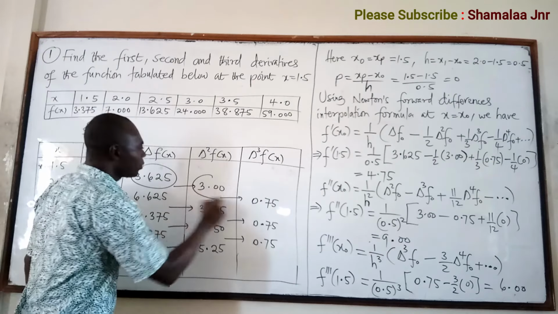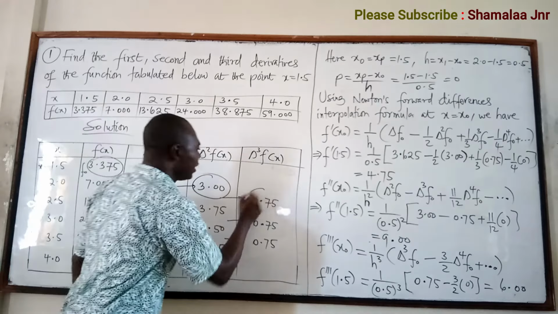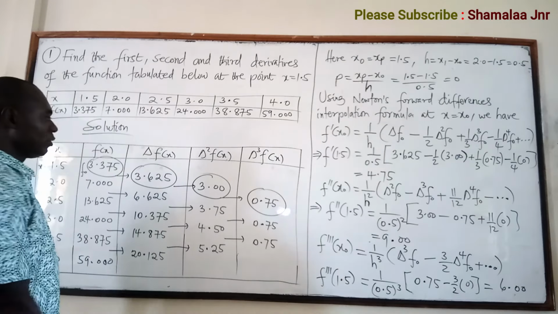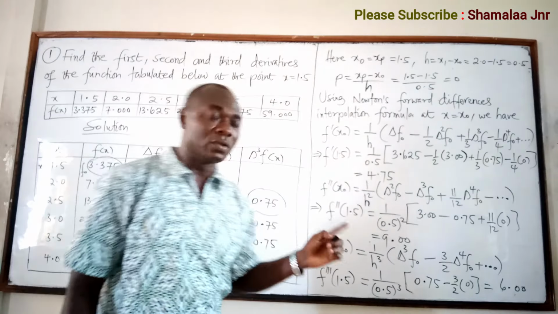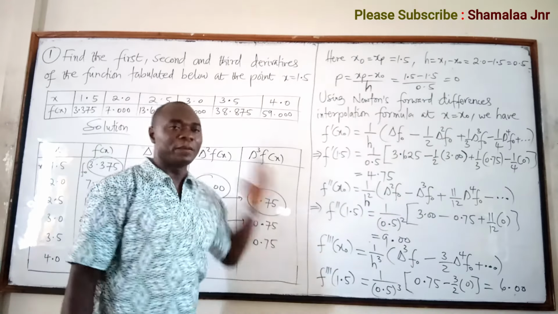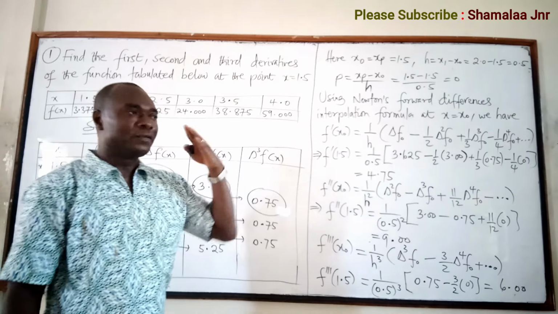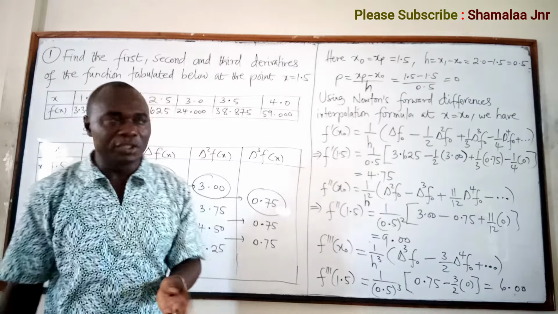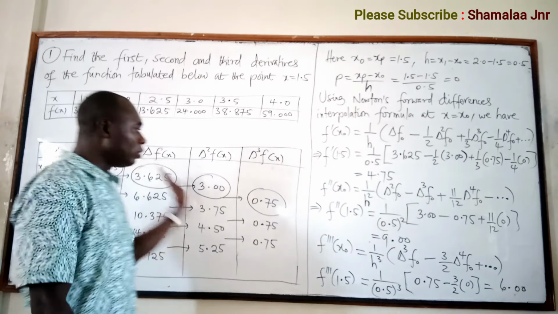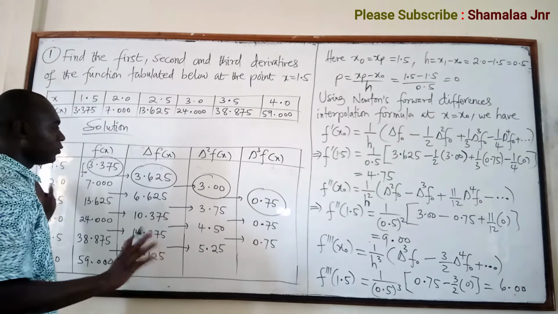This one will be delta squared f0. This one will be delta cubed f0. That's why I'm saying that you have to watch those videos: forward differences interpolation, introduction to finite differences interpolation, backward differences interpolation, then central difference interpolation. If you watch those videos, this will not be a problem to you at all.